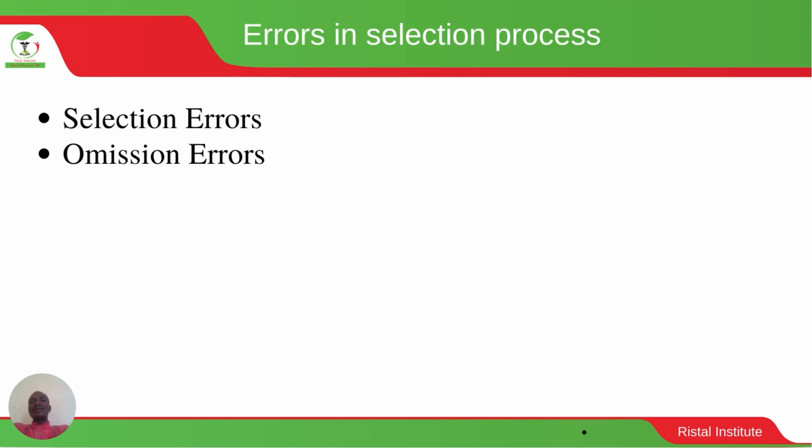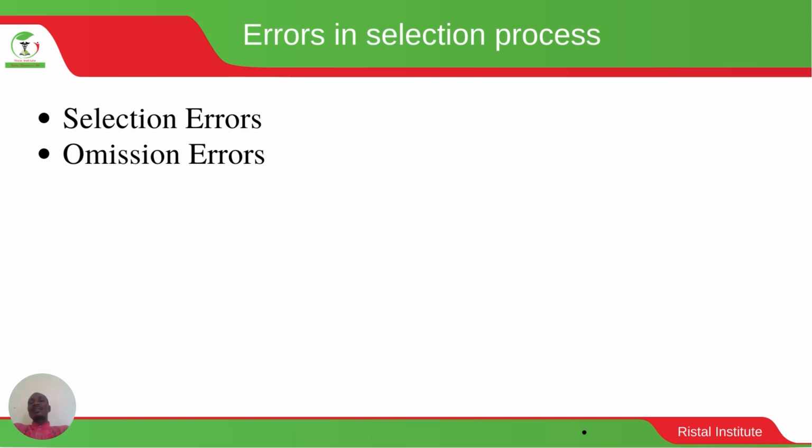The next error is the omission error. Omission errors happen when the HR or the recruitment team lets go of the most competent person during the interview process. Maybe the person did not pass the interview well, but he is actually the most competent one.